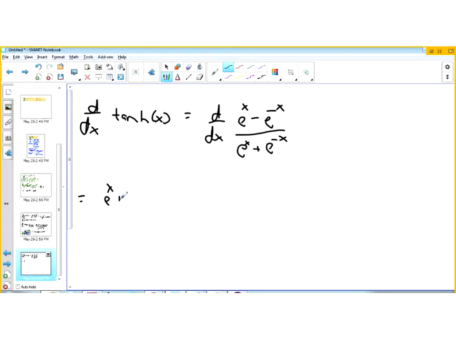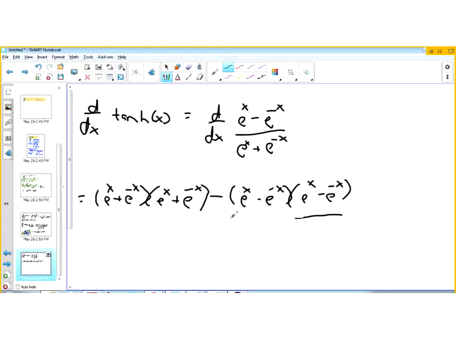Okay, so that would be the bottom function times the derivative with respect to x of the top, so that would be e to the x plus e to the minus x, minus the top function, which is e to the x minus e to the minus x, times the derivative of the bottom function with respect to x, so that would be e to the x minus e to the minus x, okay, all over the bottom function squared.